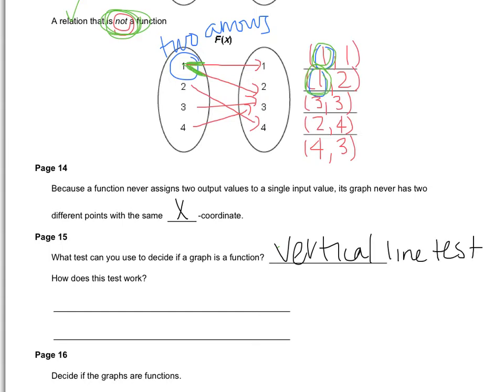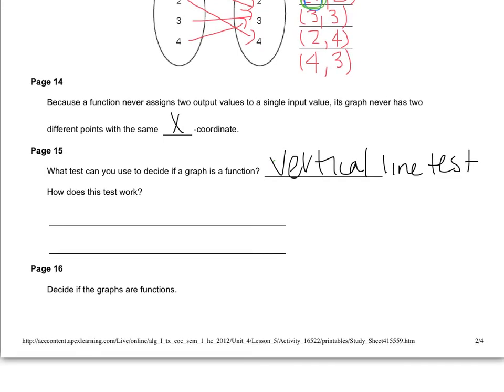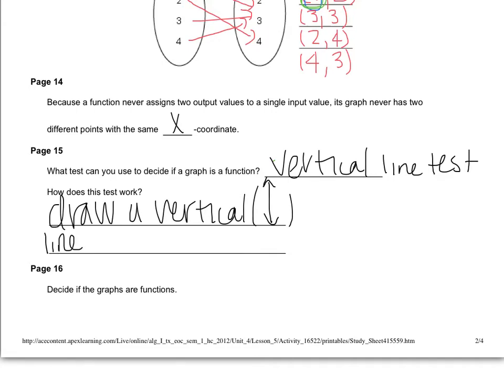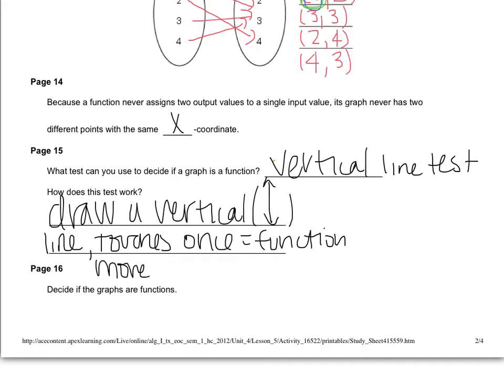The vertical line test says that if you draw a vertical line, remember vertical is up and down, so it's a line that looks like this, and if that line touches once, it's a function. If it touches more than once, it's not a function.